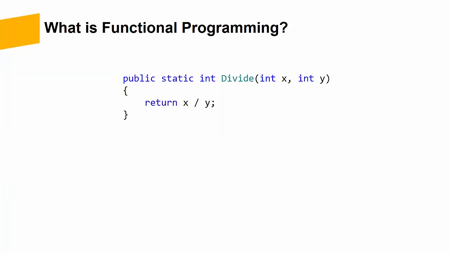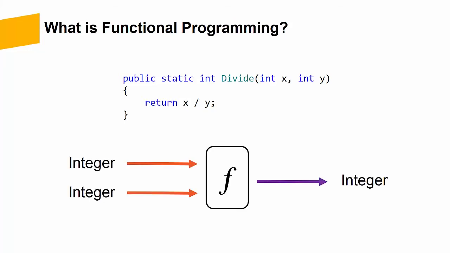This divide method, despite looking similar to calculate method, is not mathematical function either. Look at its signature. What can we say about this method just by looking at its signature? We can say that it accepts two integers and returns another integer. But what if we pass 1 and 0 as input parameters to this method?